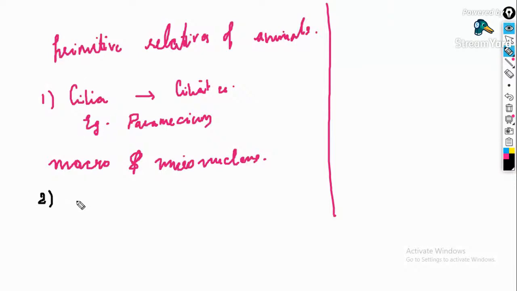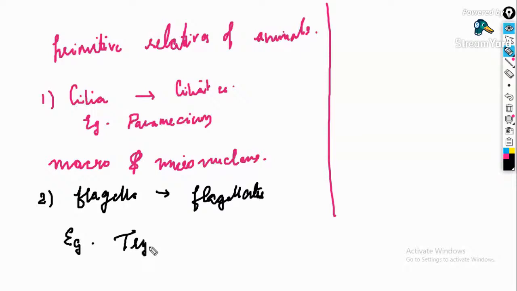The second point is organisms having flagella, and they are known as flagellates. An example of a flagellate is Trypanosoma. Trypanosoma causes sleeping sickness, common in Africans.